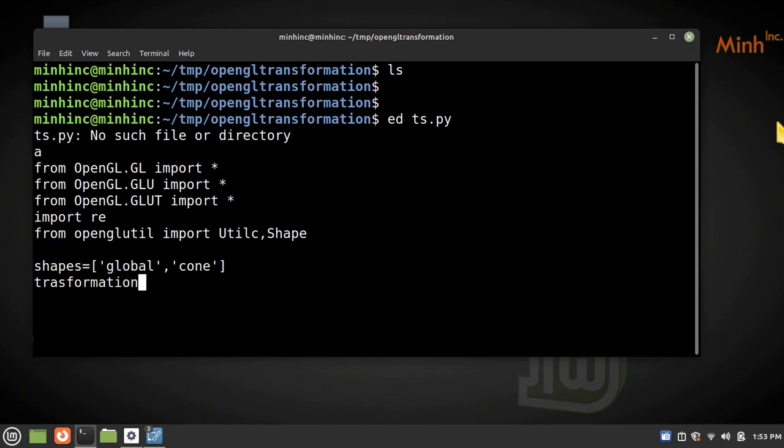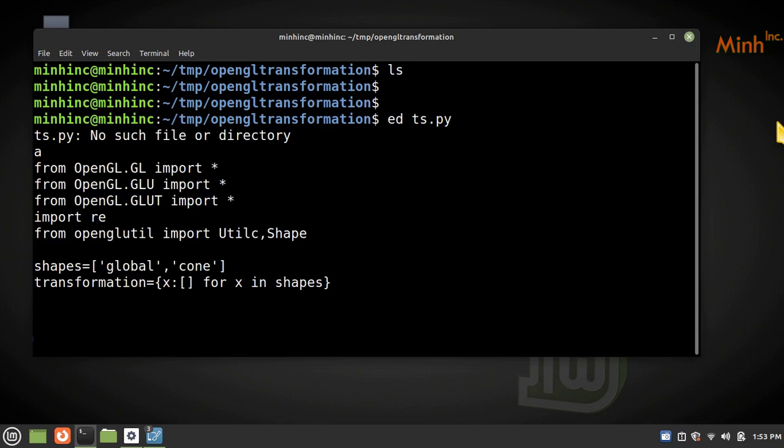Transformation. So we have a transformation list of dictionary: x for x in shapes.